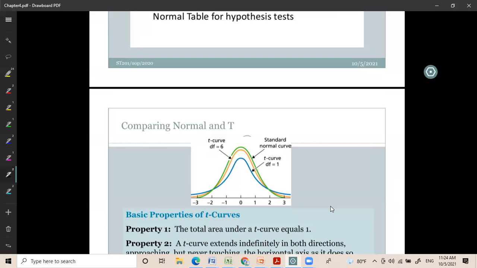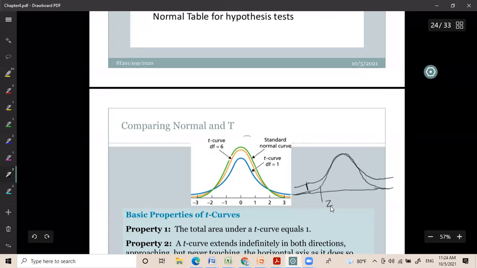Depending on the degrees of freedom, you'll end up with thick curves like this. For the normal distribution, when it goes to infinity, the tail probabilities are approximately 0. But the T distribution is not like that. You have thick tails. So that is the difference between normal and the T distribution.